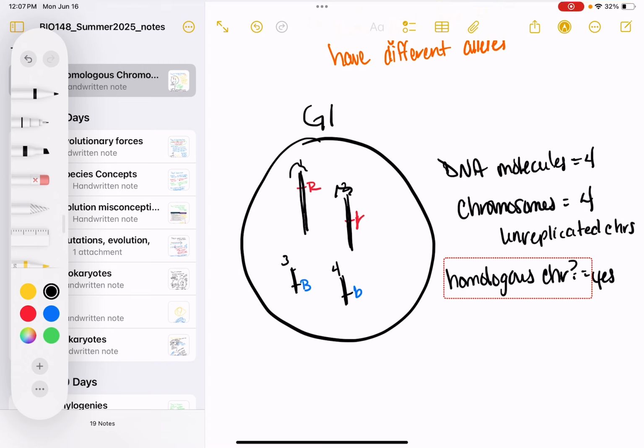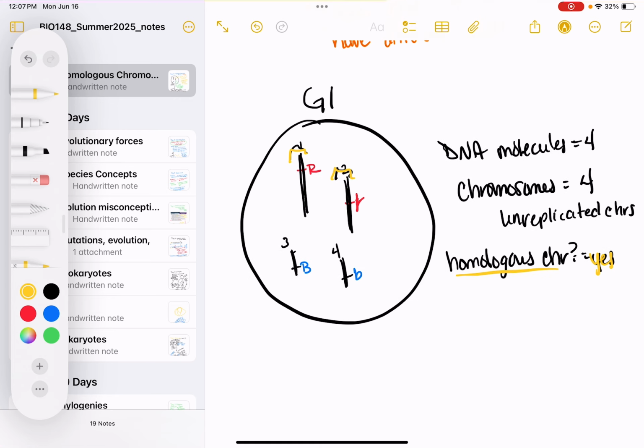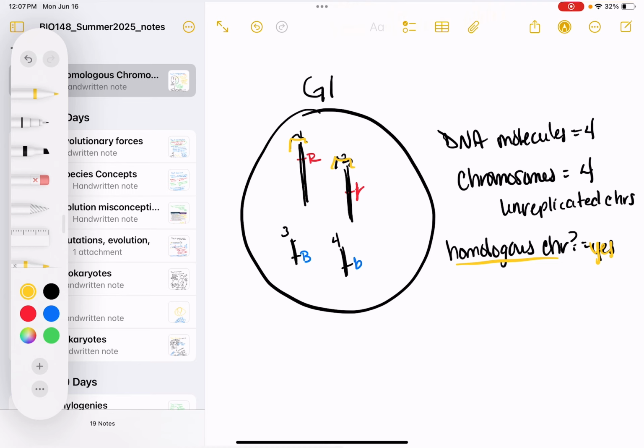So yes, so anytime that I see homologous chromosomes, right, like these 2 homologous chromosomes, then that answer is going to be yes. And whenever that answer is yes, that's going to tell me that the cell is diploid, okay? So think diploid, like 2 of them, okay? So 2 chromosomes with the same gene, okay?